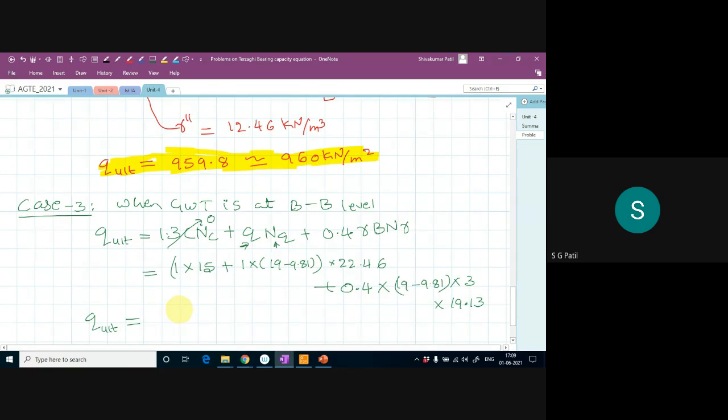So 15 plus 19 minus 9.81 into 22.46 plus 0.4 into 2. I'm getting 754.644 kilopascal.